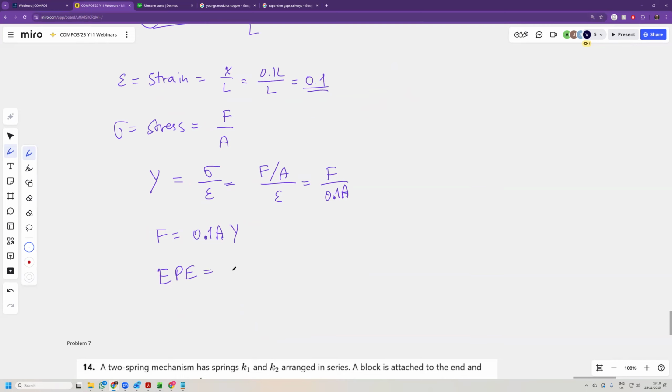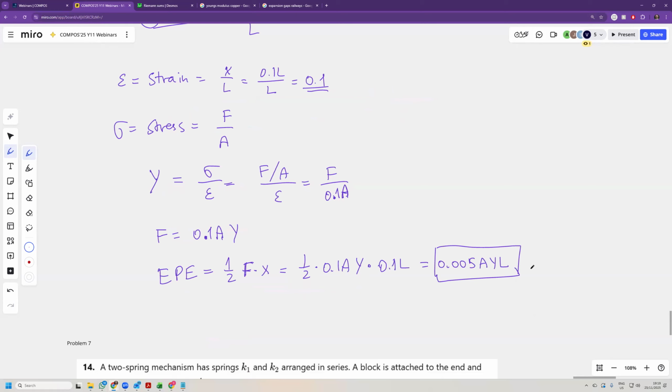We already know that it is 1/2 F times the extension, which is 1/2 multiplied by 0.1 AY multiplied by the extension, which is 0.1 L. And so that is 0.005 A Y L. And that's the answer.